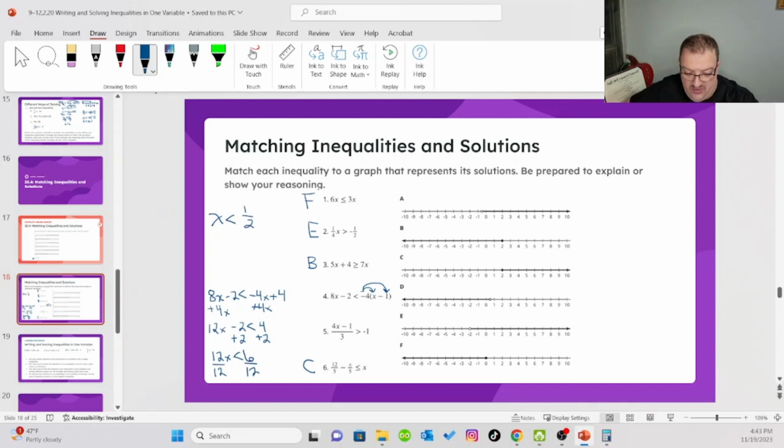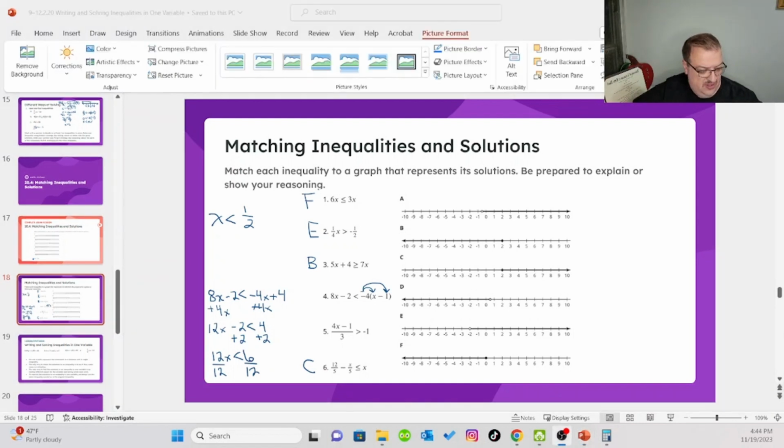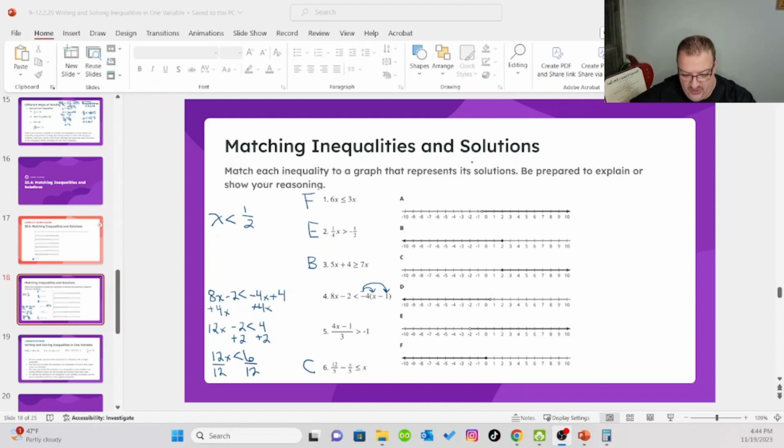So now I need a hollow circle at positive 1/2. If we want x is less than 1/2, we see our hollow circle at 1/2, and our line going to the left where numbers are smaller.